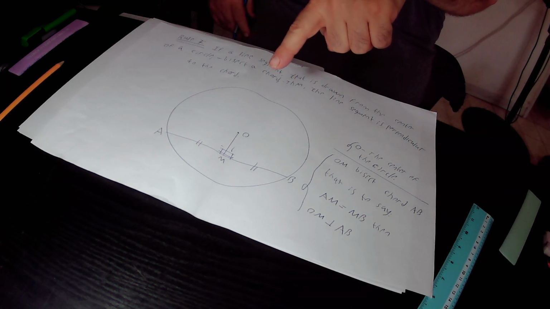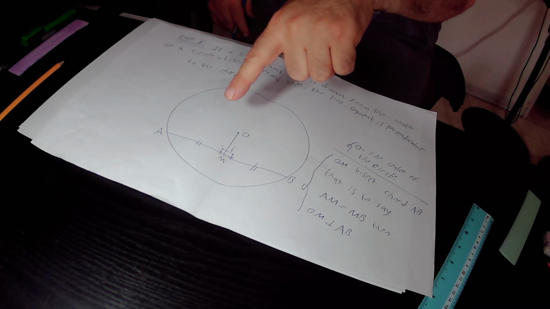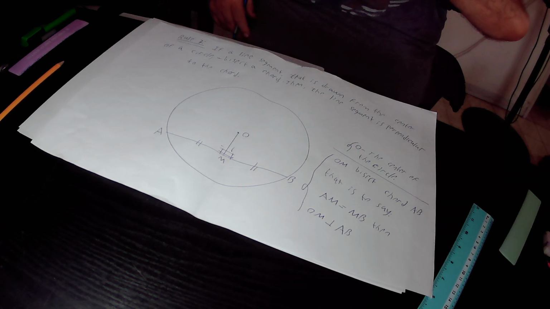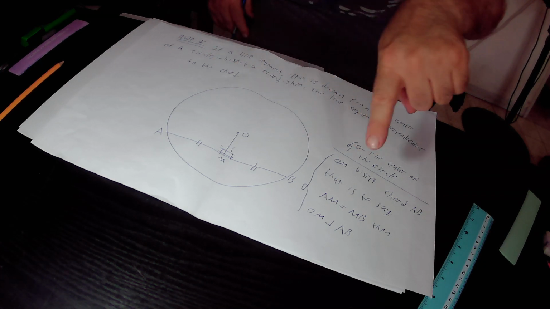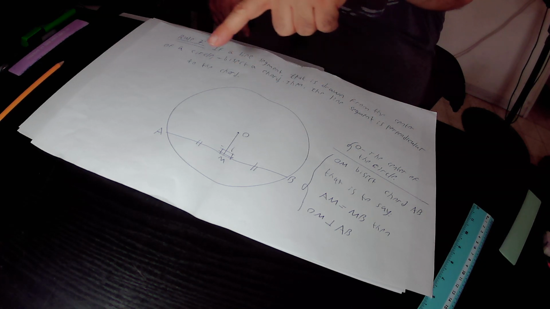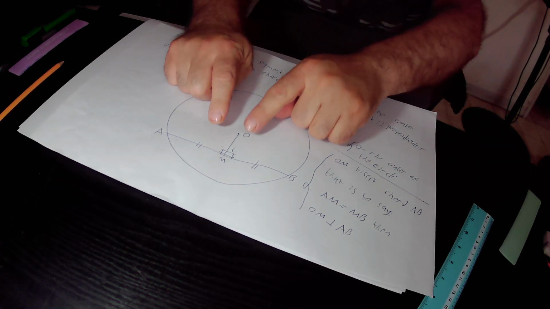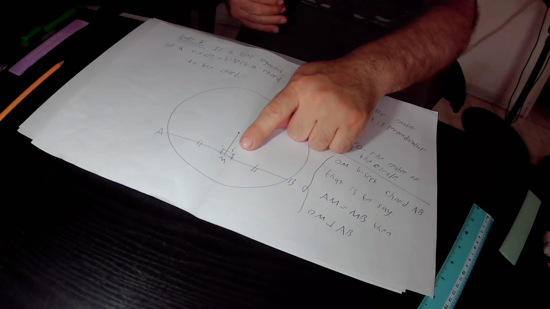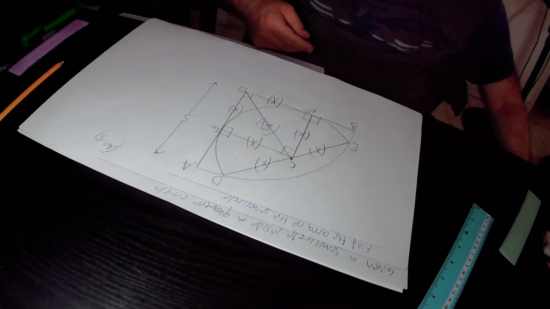That is to say, AM equals MB. And because OM bisects chord AB, OM will also be perpendicular to AB. That is to say, this angle equals 90 degrees, and this angle also equals 90 degrees according to rule 7.